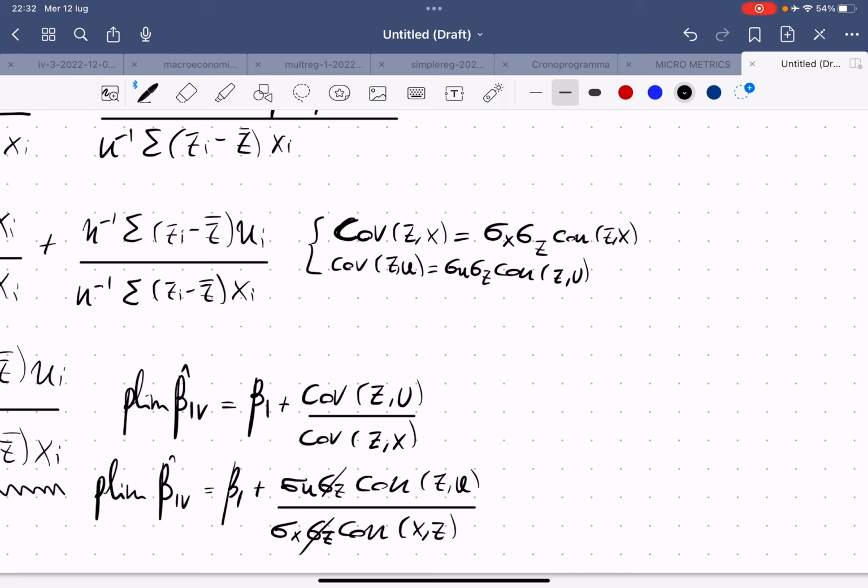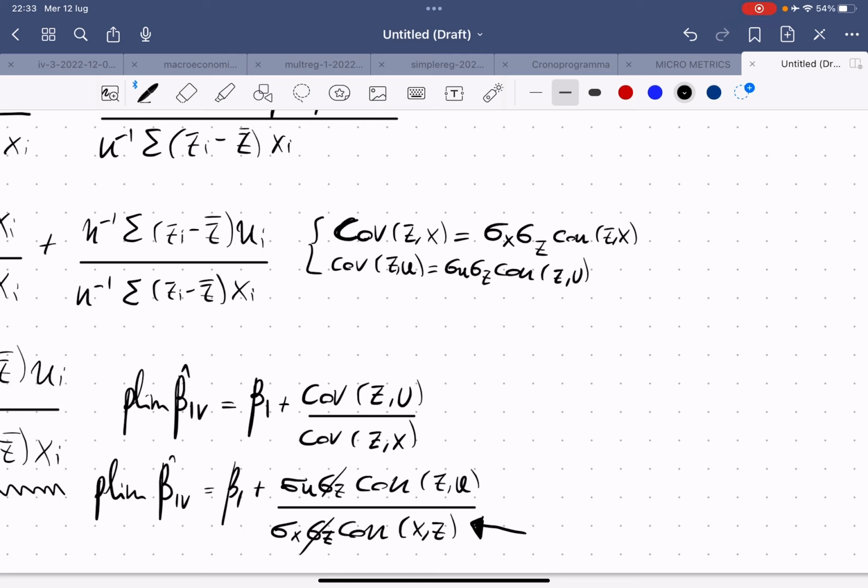With this formula we see that to have a consistent estimate, it is crucial to have the highest possible correlation of X and Z, because if this one is really small, it can lead to very high bias and a very inconsistent estimate, since it is in the denominator.